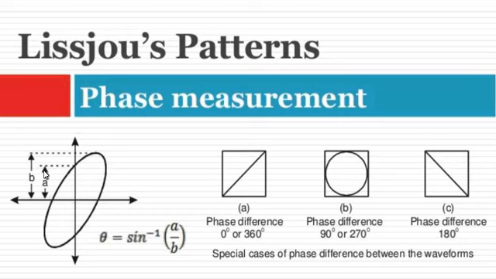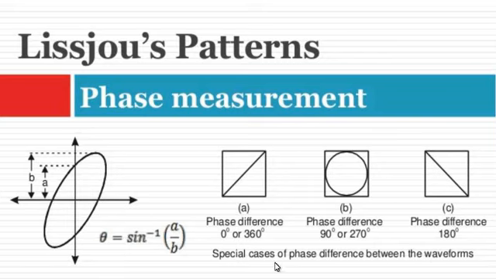See, this is A, first touch of the ellipse to the y-axis, and B is the peak of the ellipse parallel to the y-axis. So we can find out the phase difference with the help of Lissajous pattern with the help of this formula.